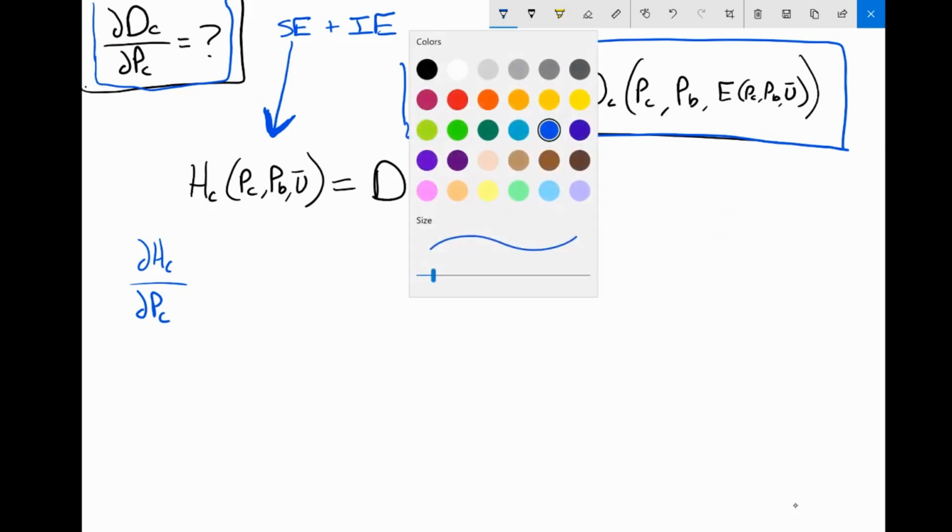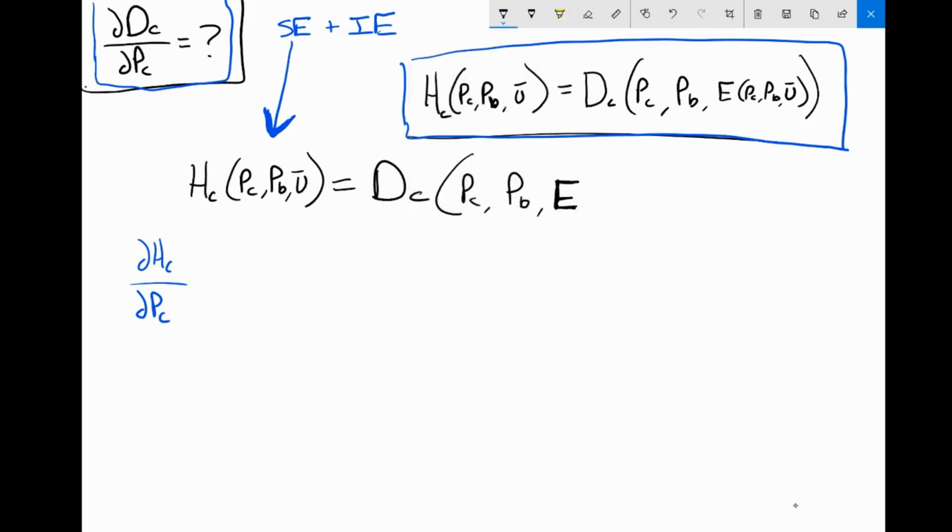Why am I saying the total derivative? Well, because the compensated demand curve is equal to the uncompensated demand curve at the point where income is equal to the optimal, minimized expenditure function level of income. Why is it a total derivative?